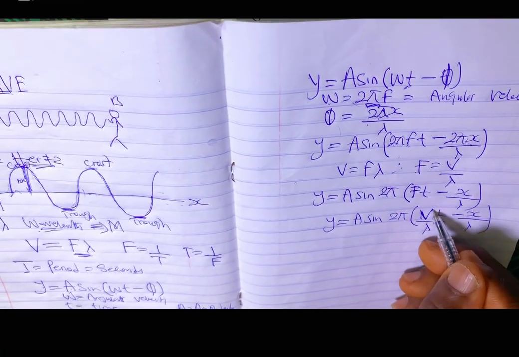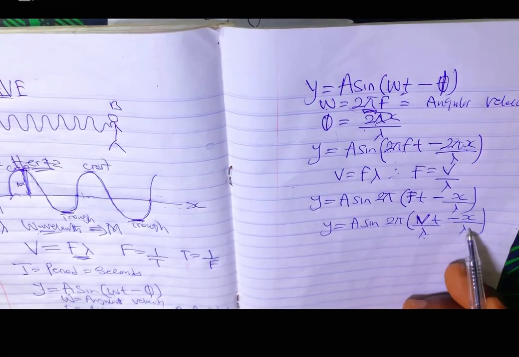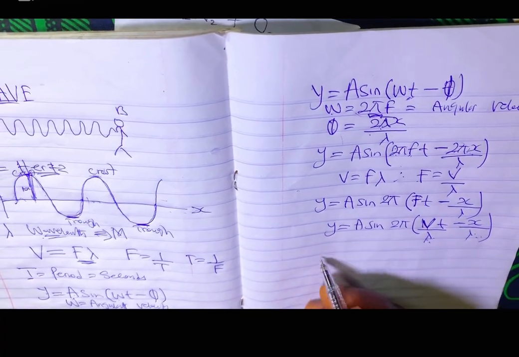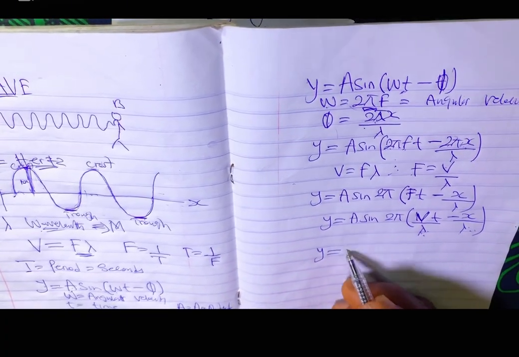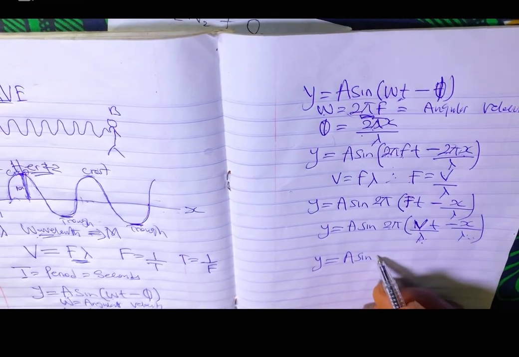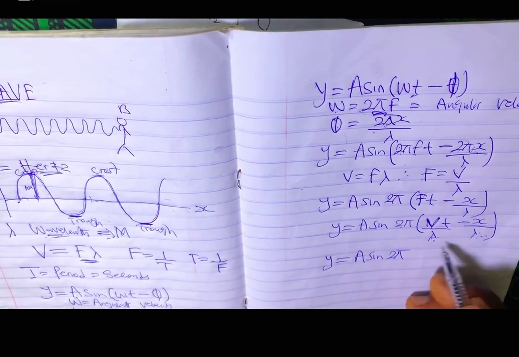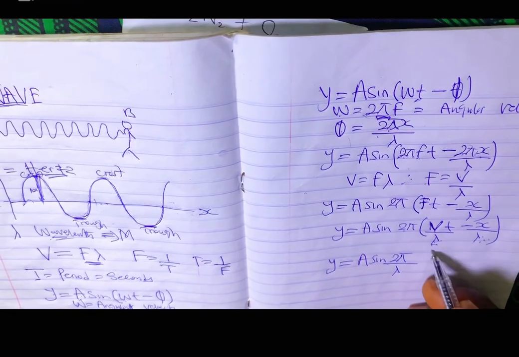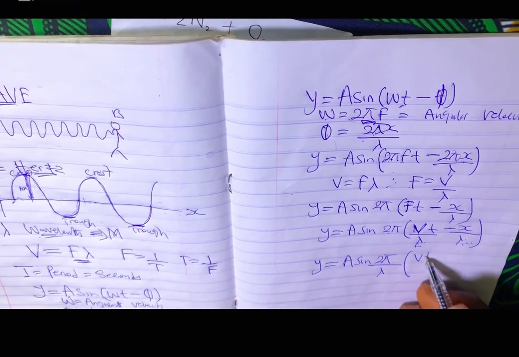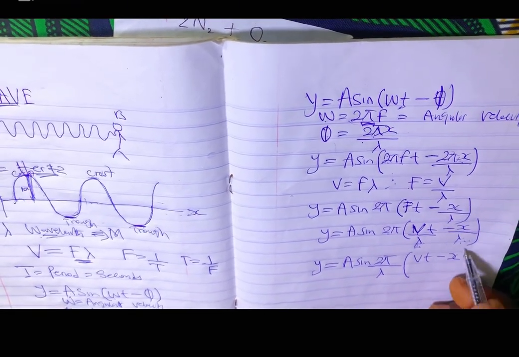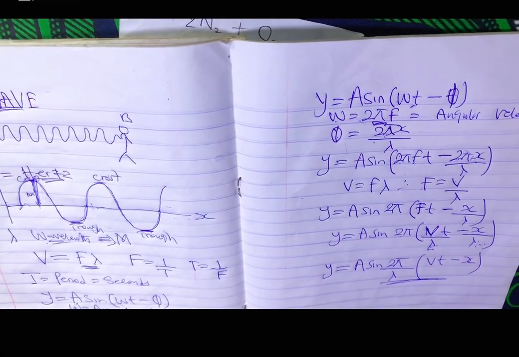Looking at this new equation, what is the new thing we have in common? We have lambda in common. So we are going to factorize it or bring it out again. So we have y equals a sine 2 pi, then lambda comes out as the denominator, and then we have vt minus x. And this is our equation for wave.